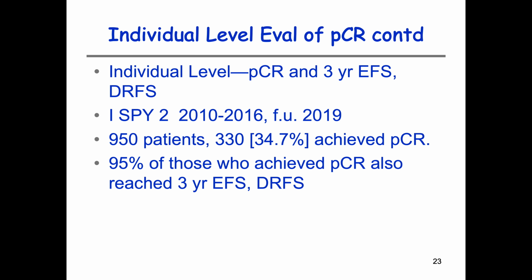But they looked at individual-level PCR and 3-year EFS, DRFS, in I-SPY2 trials from 2010 through 2016 with follow-up to 2019: 950 patients, 330 of whom, 34.7%, achieved a PCR, and 95% of those who achieved PCR also reached 3-year EFS, DRFS. And the trial consortium considered this persuasive.